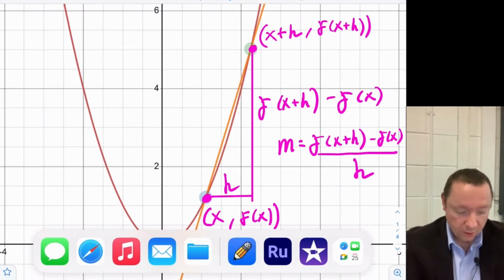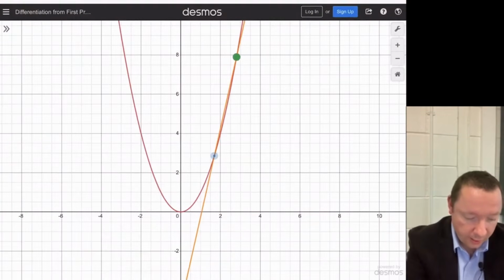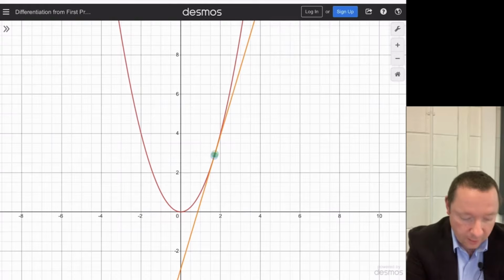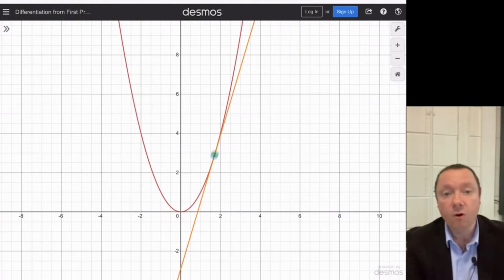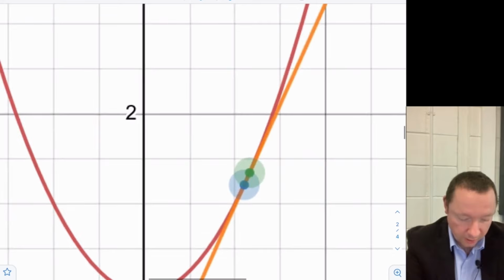So if we go back to our animation, as these points get closer and closer together, you can see the distance between them becomes nothing essentially, and therefore h, the distance along the x-axis, becomes nothing. As these points get closer and closer together, that distance h becomes very small.